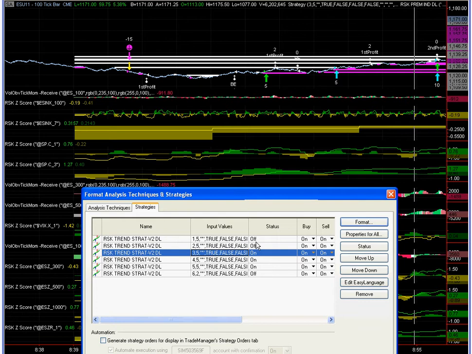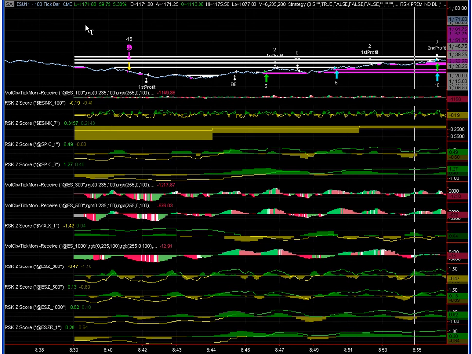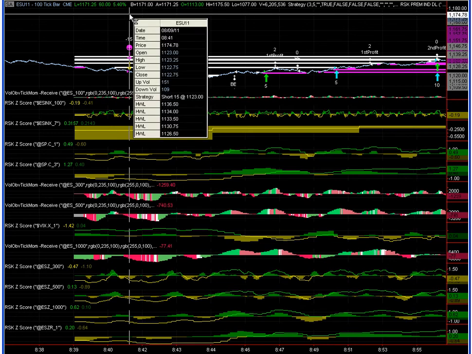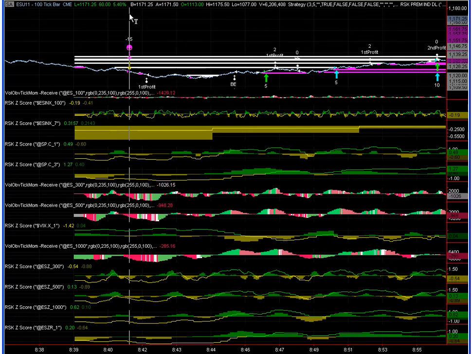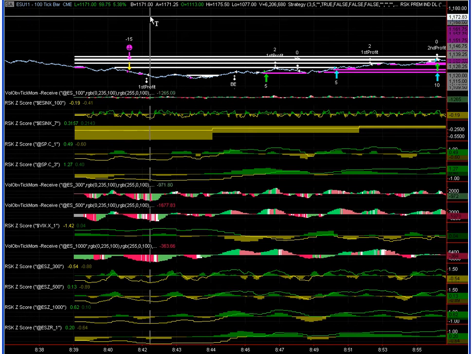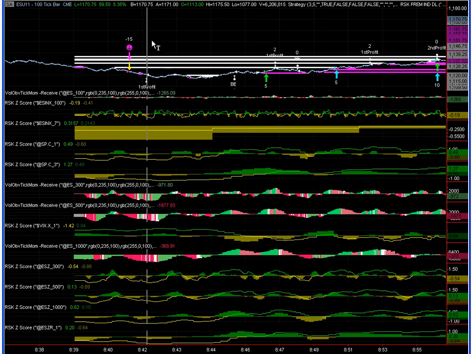Now we have more than that on this workspace, but 3 out of the 6 turned off. All three strategies took a short trade at 841. Our first profit target was reached, as you see here.